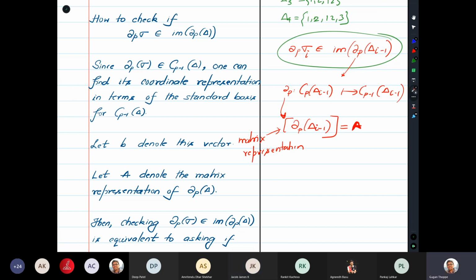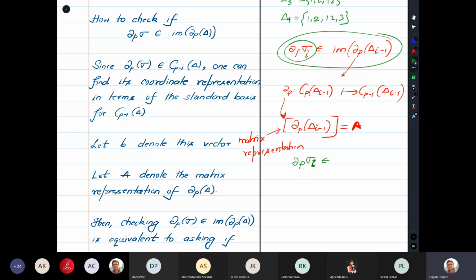Very good. So you are interested in knowing whether this lies in the column space of A. So how do I write it down? Like, what is the formal mathematical way of writing this? Whether something lies in the column space, right? So this is a combination of columns. Yeah, that is true. Maybe I'll help you a bit. See this ∂p of sigma i. I hope you agree that because of the way we are constructing, at each step we are ensuring that delta i minus 1 is a simplicial complex, right?